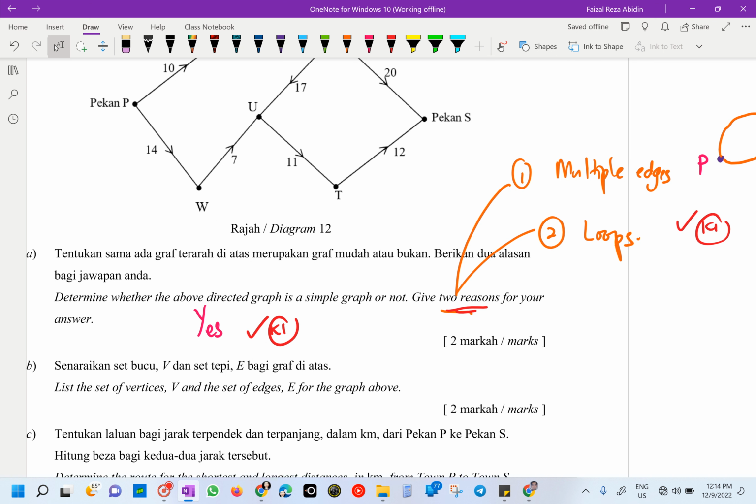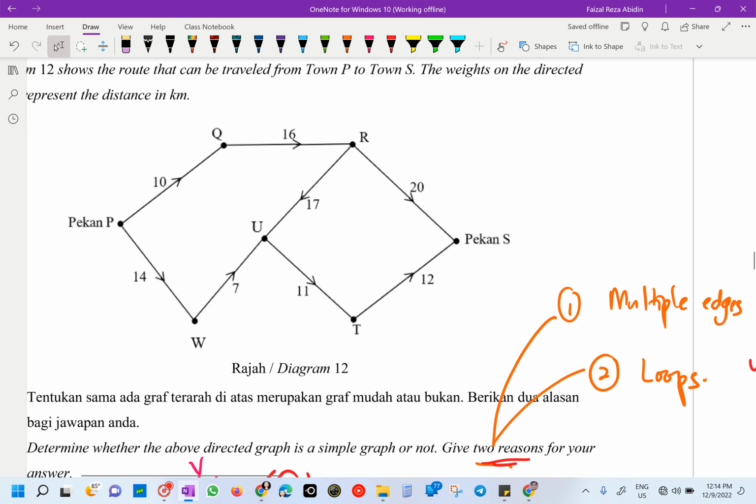Next, list the vertices or the set of vertices. The set of vertices is given over here. What vertex are you going to begin with? Our P here. So for our vertices, because it's saying set, you are going to put in a curly bracket.